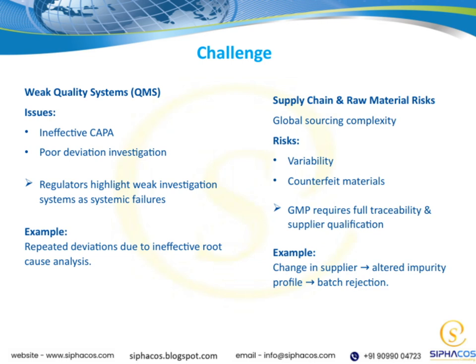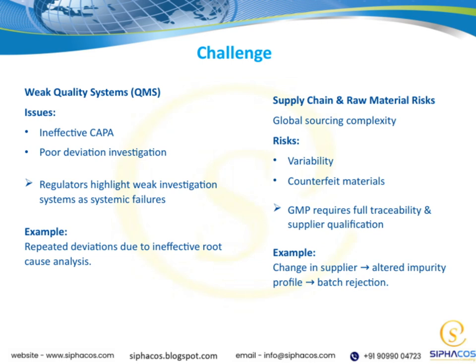GMP, or good manufacturing practice, requires us to have full traceability and thorough supplier qualification processes in place. To illustrate, if there's a change in the supplier, it could lead to an altered impurity profile in the product, which might result in batch rejection. This is why rigorous supplier management is so critical.